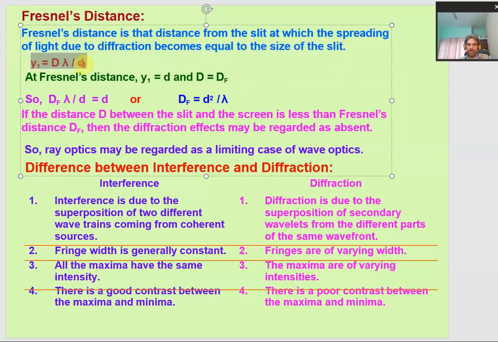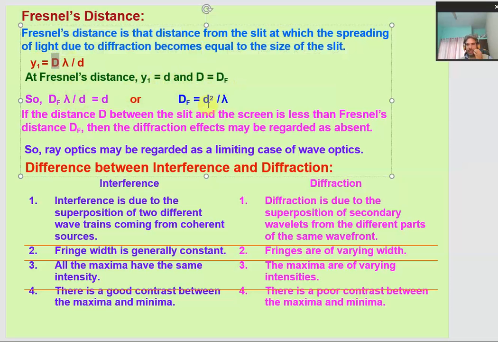On one side it is spread equal to this, and at the Fresnel distance this is equal to the size of the slit, small d. Therefore we substitute capital D to be DF, the Fresnel distance or ZF, and Y1 to be small d. So Y1 is small d, and it is DF lambda upon d. From there DF becomes equal to d squared upon lambda.